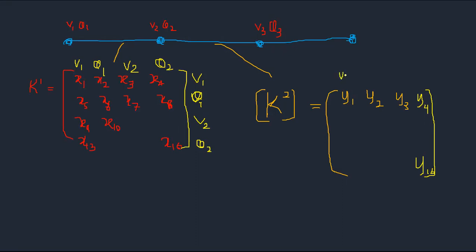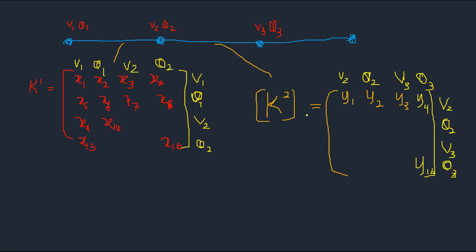So this is v2. That order is very important. Theta2, v3, theta3. So the second row will be theta2. This is v3, third row. This is theta3, the final row.